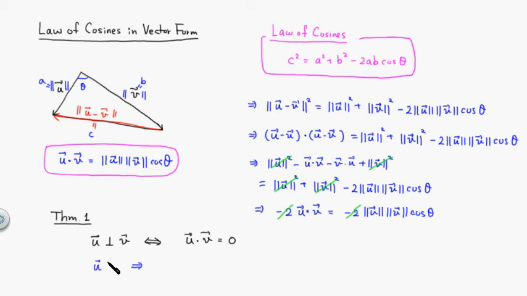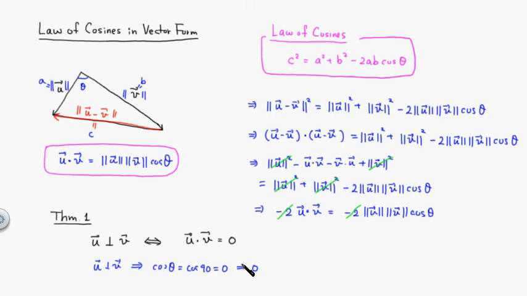If two vectors are perpendicular, which means that the angle is 90 degrees, then cosine of theta is cosine of 90 degrees, which is actually 0. You can see from here that the dot product is cosine of theta times anything, so it's going to be 0 anyway.